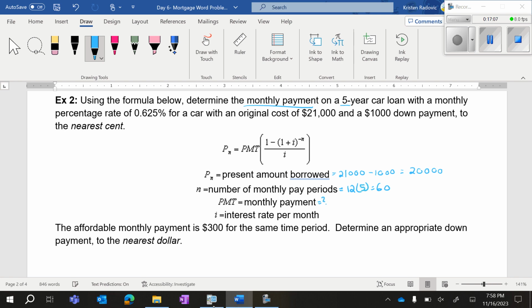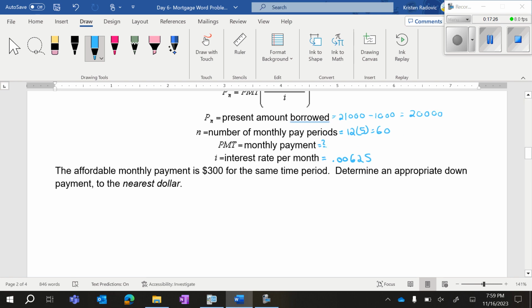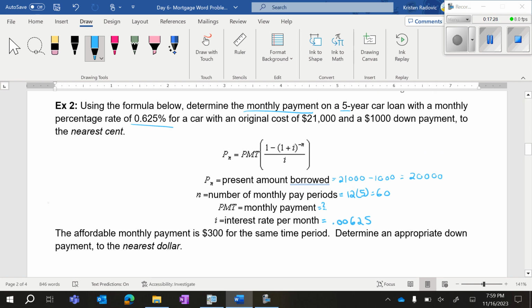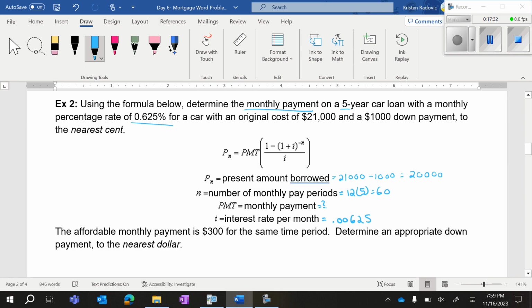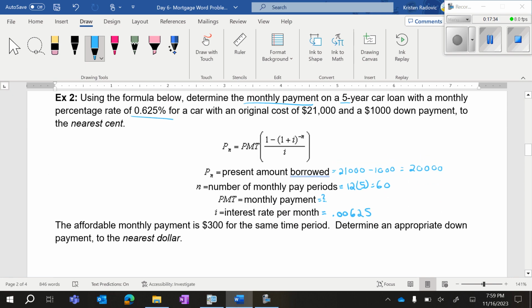Oh, these are actually two questions in one, part A up top and part B on the bottom. Anyway, P is the amount borrowed, so I borrowed $20,000. PMT is the monthly payment, which we don't know.